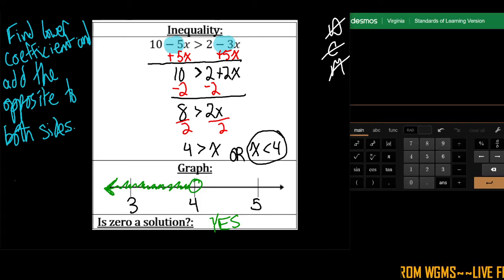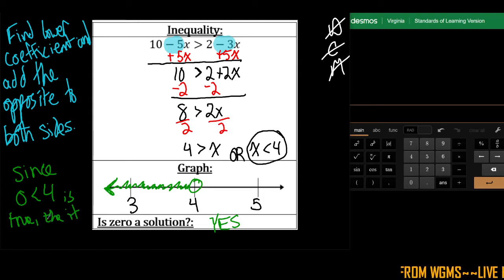So we could say since 0 is less than 4 is true, then it is a solution.